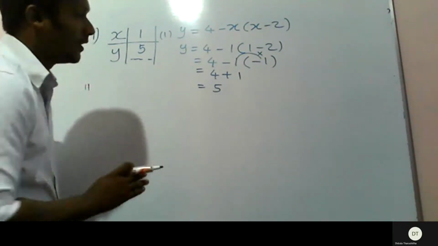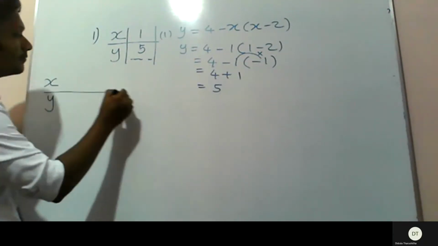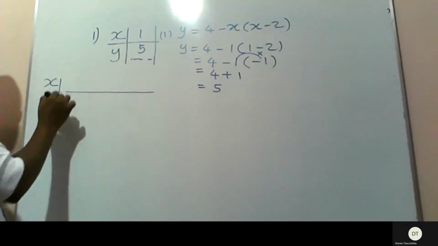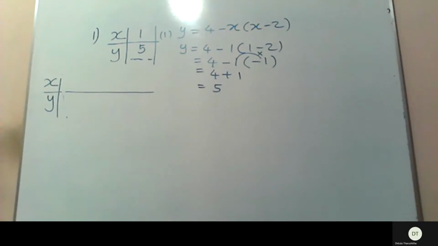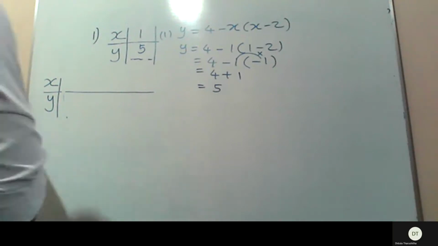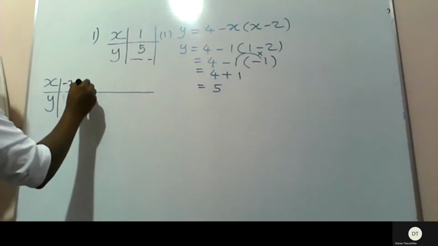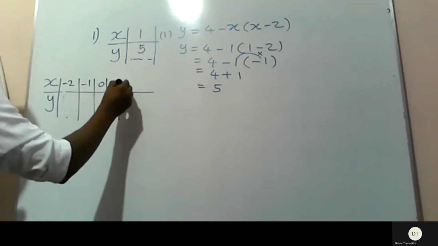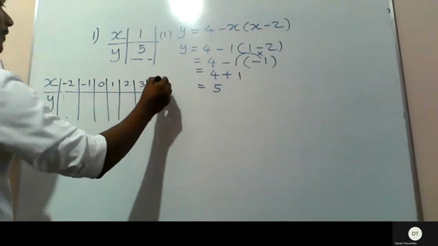Right. Now, you have a table again, x and y. The x values are -2, -1, 0, 1, 2, 3, and 4.